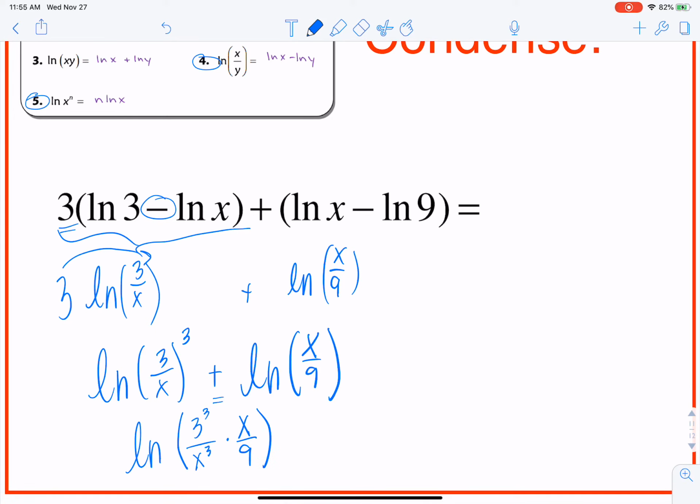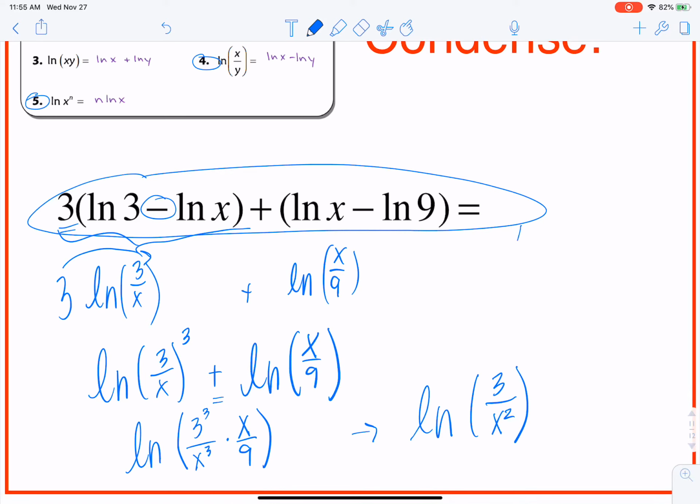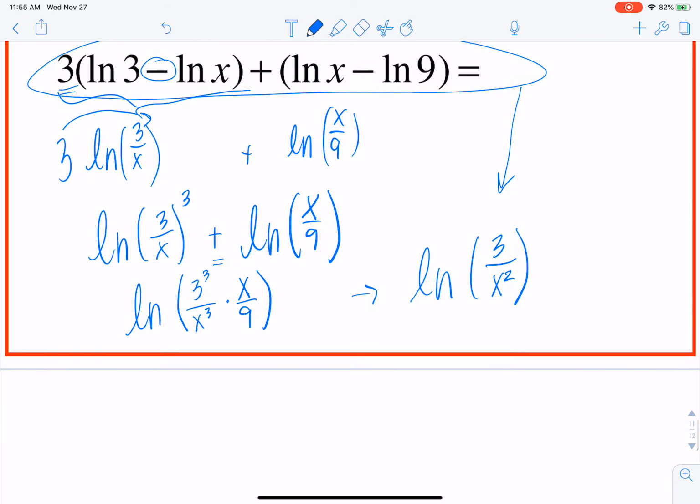And we can simplify this into sort of one last step, the natural log of 3 over x squared when we simplify. So 27 over x cubed and then x over 9 when we simplify one step further. So we can see how this big piece here, using these rules, can turn into something that looks a little bit nicer, and we can simplify.